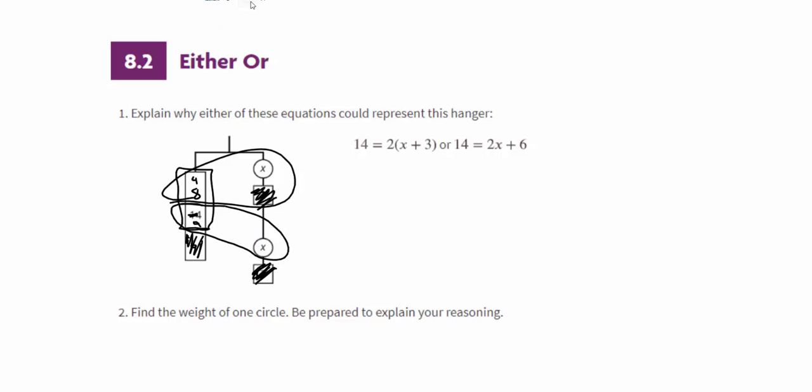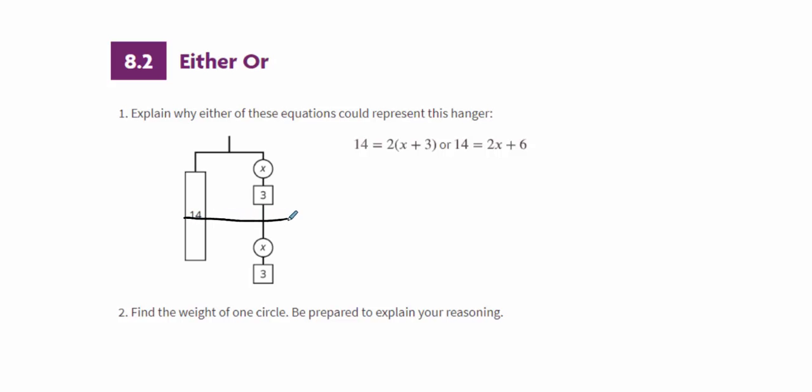But let's look at it another way. If I leave these in their groups and I say we have 2 x plus 3s, we have an x plus 3 here and an x plus 3 here. If I cut that in half right there, I would have 2 groups, right?